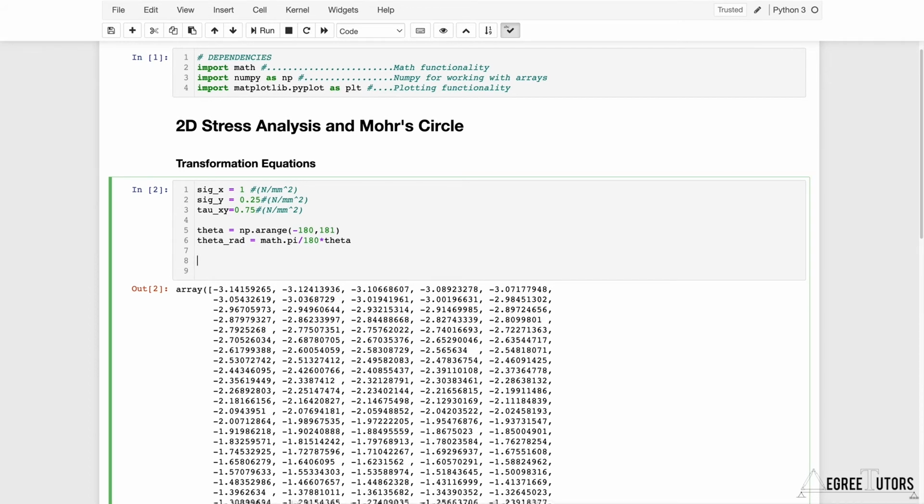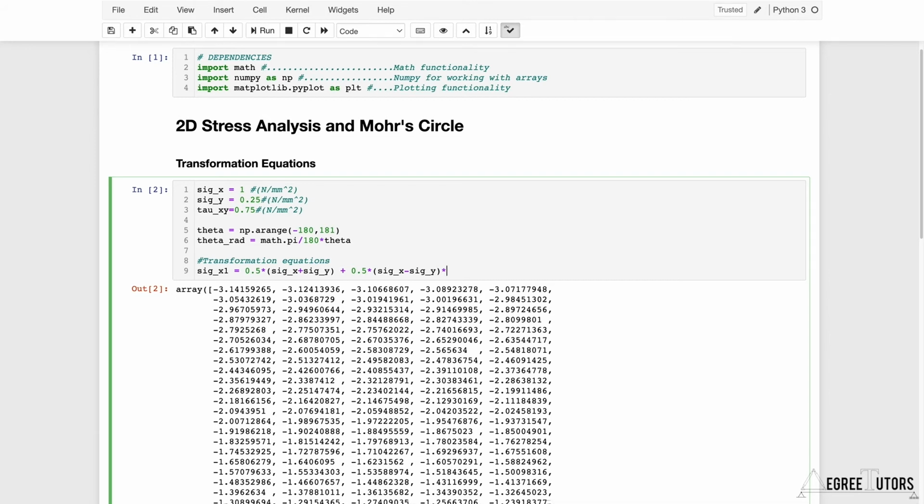Right, let's actually construct the transformation equation. We have, let's call it sigma underscore x1. This is going to be the normal stress on the inclined plane, the x1 plane. Let's say 0.5 times sigma x plus sigma y plus 0.5 times sigma x minus sigma y. Now that's got to get multiplied by the cosine of 2 theta.